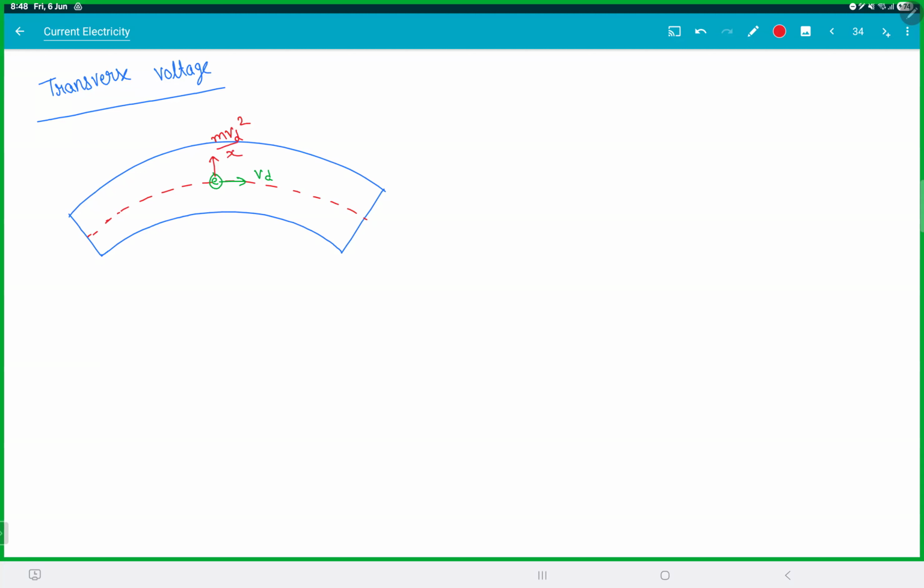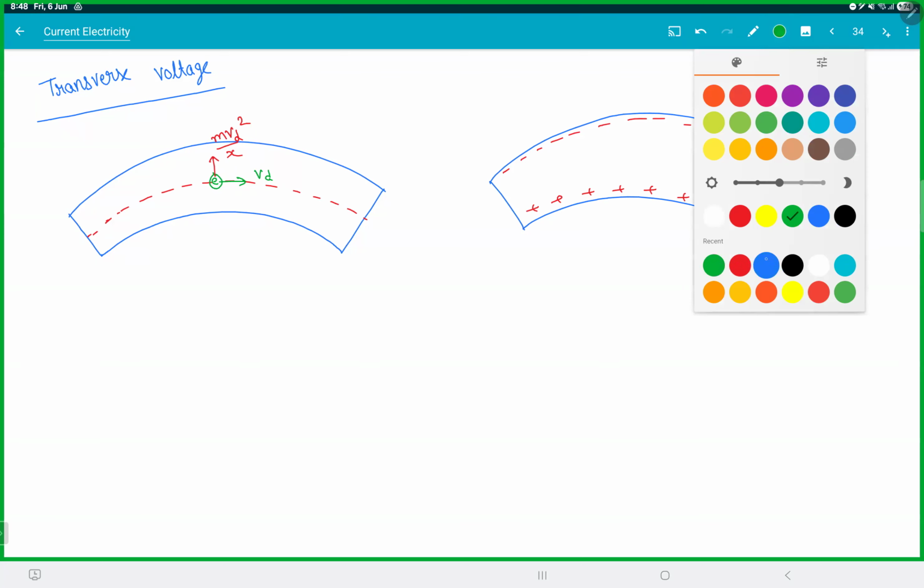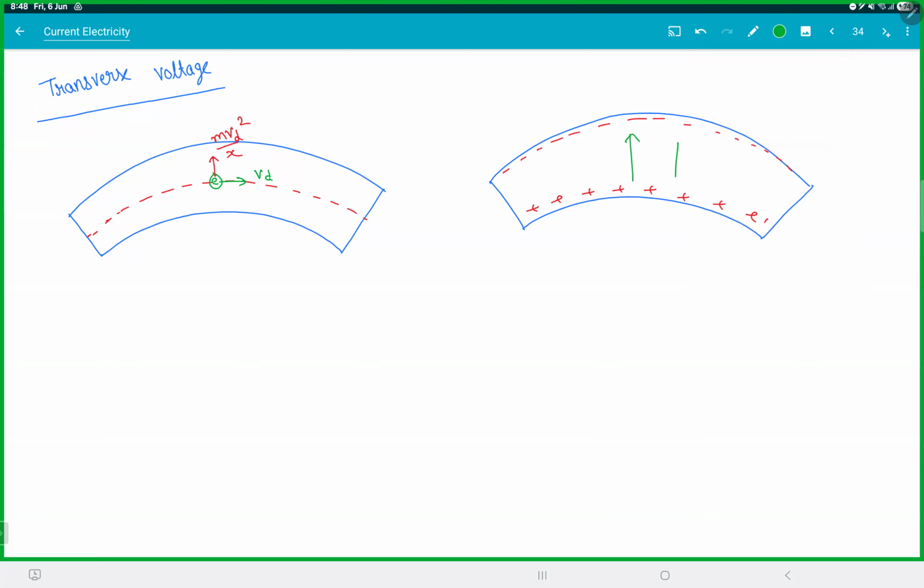That means the electrons will start getting pushed onto the outermost surface. And because of this, the outermost surface starts becoming negatively charged, and the inside starts becoming positively charged. So these induced charges will create a field which is in the radial direction. Now this field is electrostatic in nature. So this E bar is an electric field due to the induced charges.